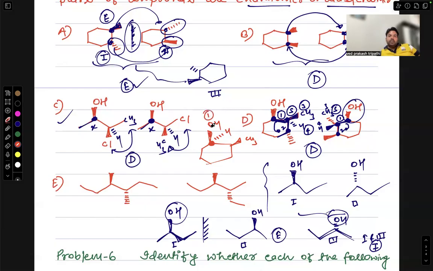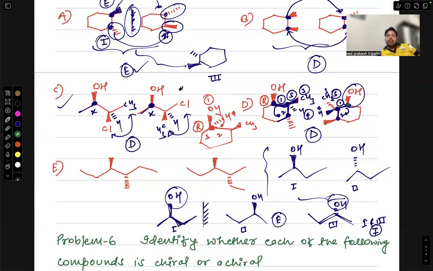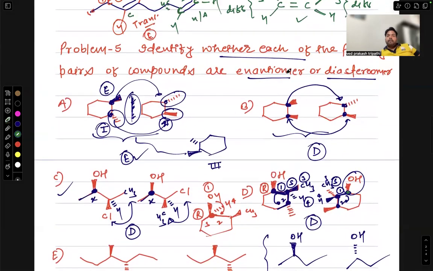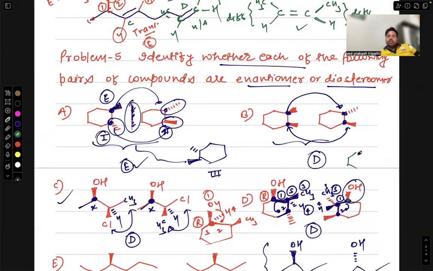So 1 is OH, this bond would be 2, this is 3, hydrogen is 4. 1 to 2 going clockwise, clockwise is R. So this is R. Now find out this one, what it should be. You can see wedge is my OH, dash is my methyl.